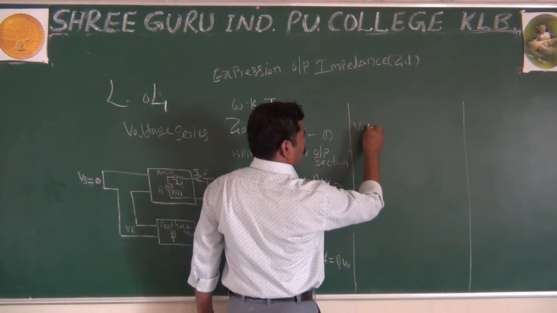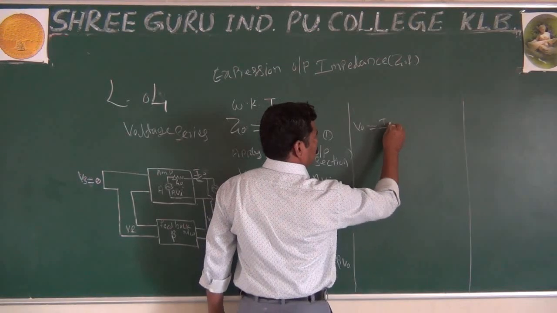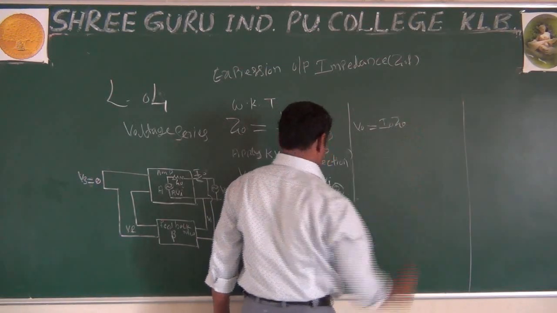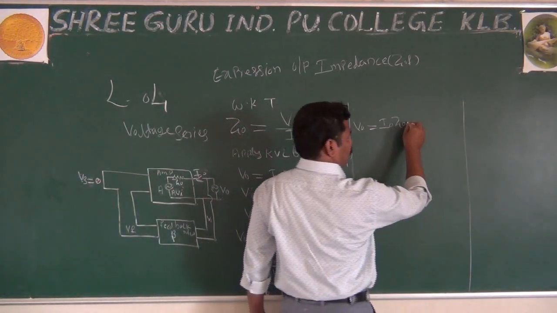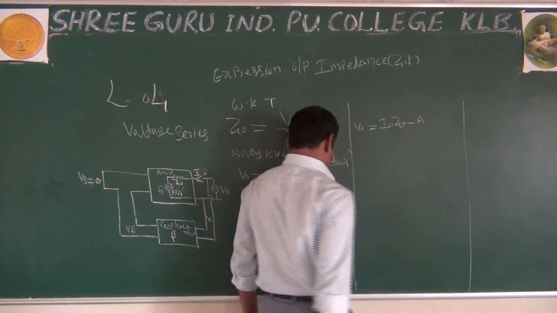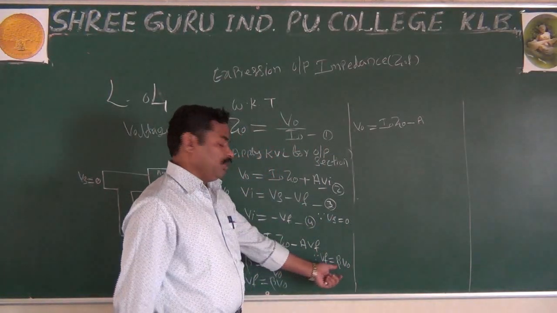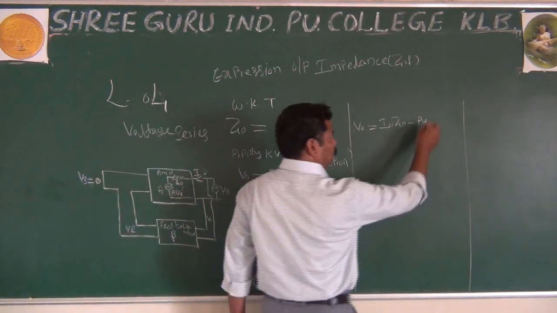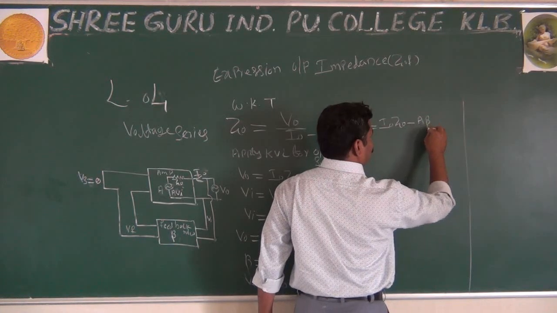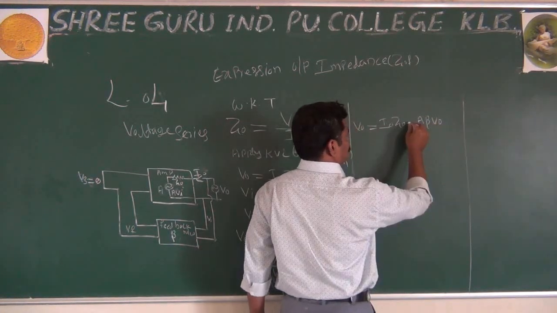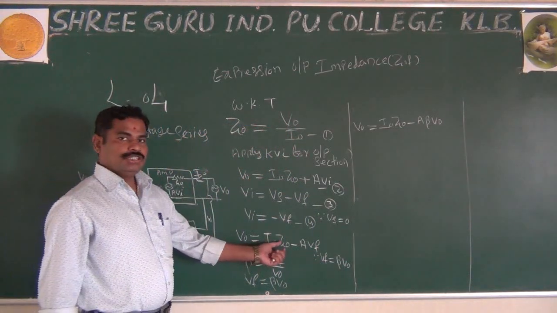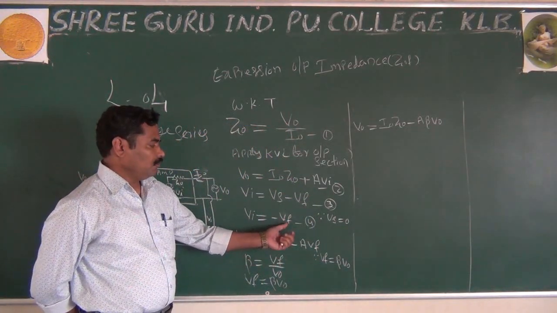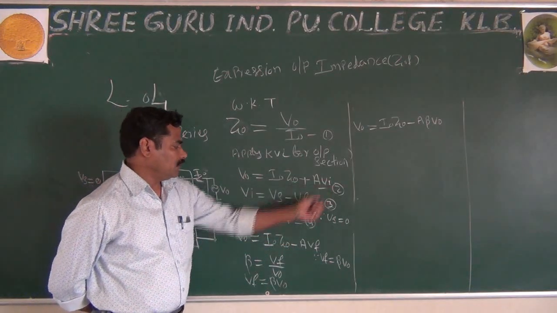V naught equals I naught Z naught minus A Vi.